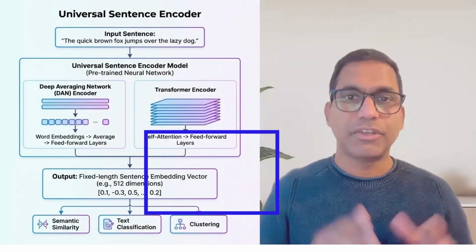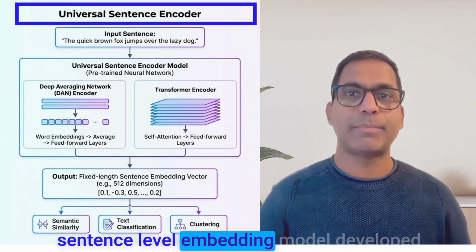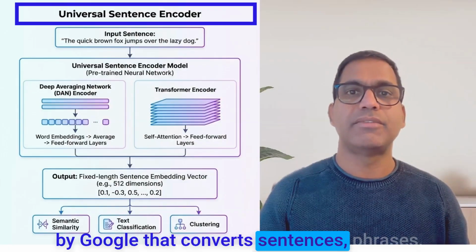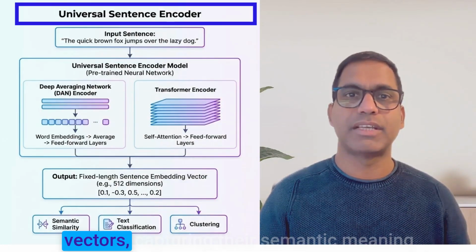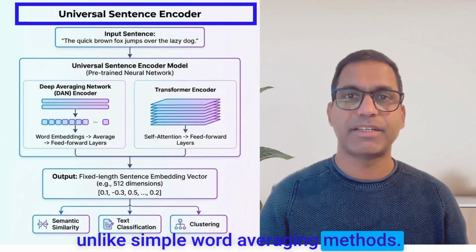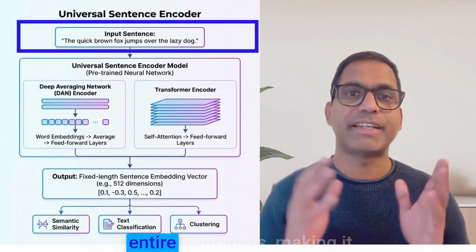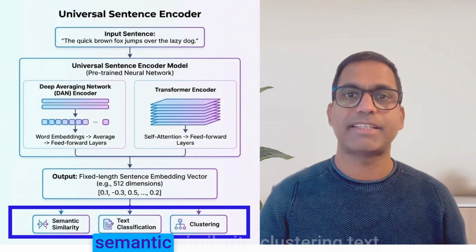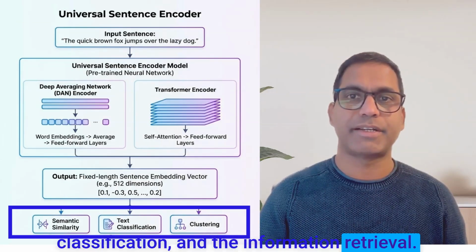resources. Universal Sentence Encoder, USE, is a sentence level embedding model developed by Google that converts sentences, phrases, or short paragraphs into fixed length dense vectors, capturing their semantic meaning. Unlike simple word averaging methods, Universal Sentence Encoder directly produces embeddings for entire sentences, making it effective for tasks such as semantic similarity, clustering, text classification, and information retrieval.